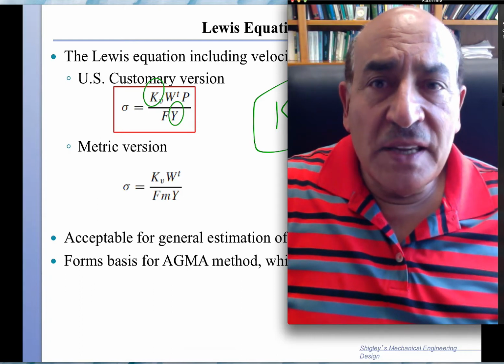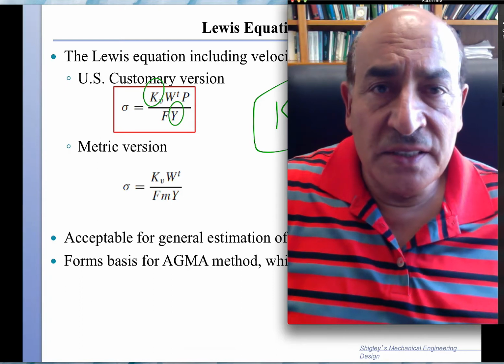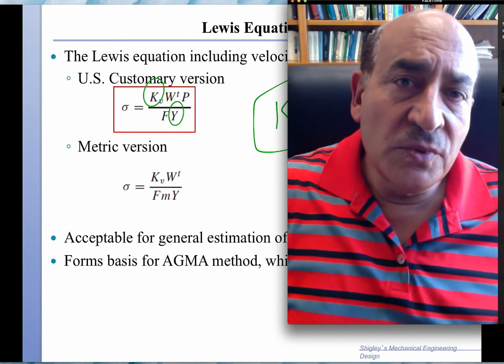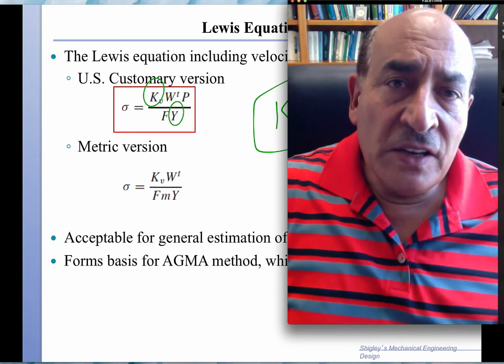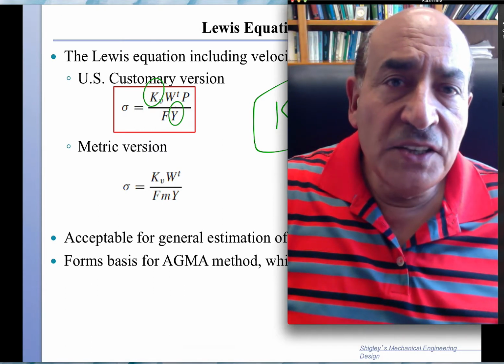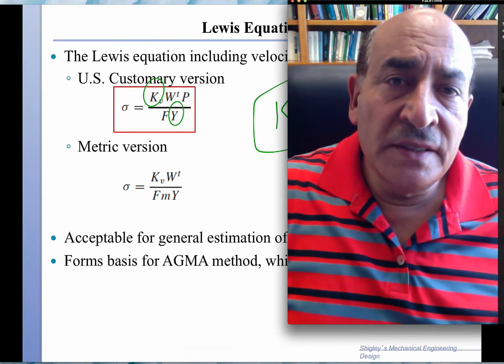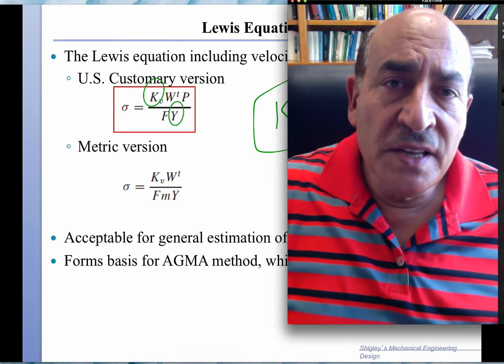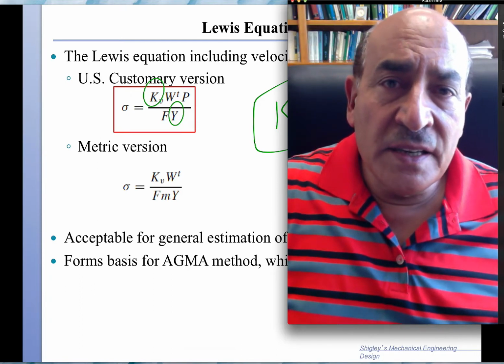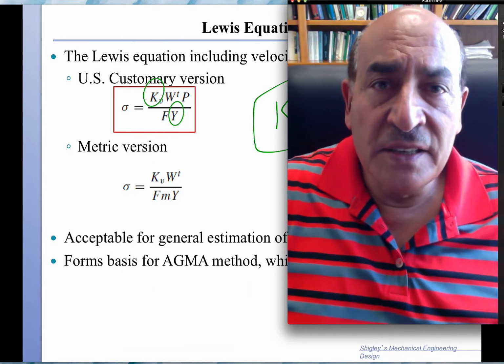However, in real practice, if you go and work in the industry, and some of you are going to be working actually to develop and design a power transmission system, then you need to follow much more detailed rules that have been set by AGMA, the American Gear Manufacturing Association.